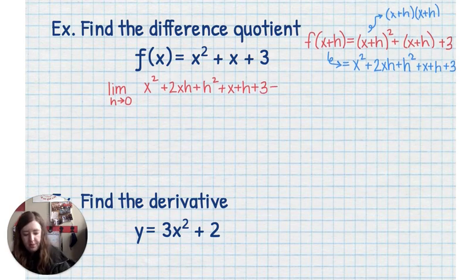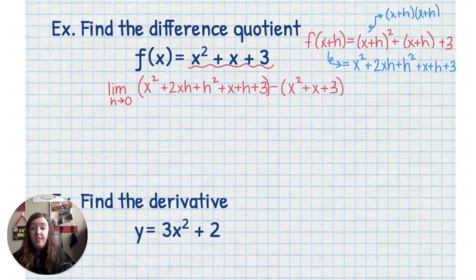I'm supposed to subtract all of my f of x. F of x is just this thing right here, x squared plus x plus 3. So this big chunk at the beginning is f of x plus h. That guy after the subtraction sign is f of x. And all of that goes over h.